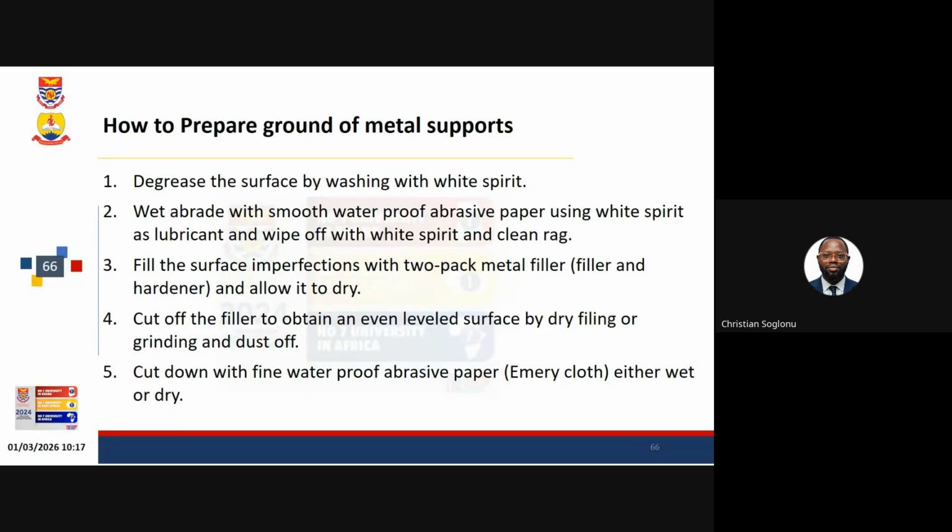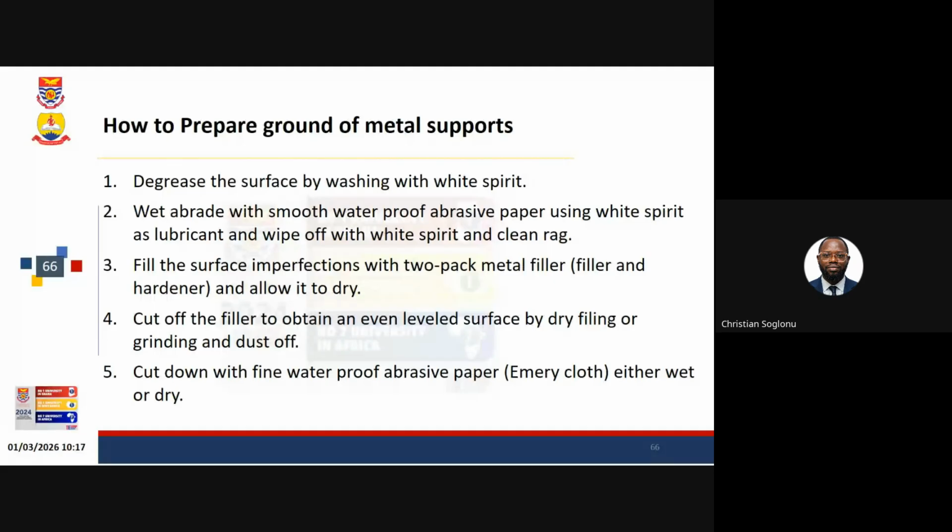with smooth waterproof abrasive paper using white spirit as lubricant, and wipe off with white spirit and a clean rag.